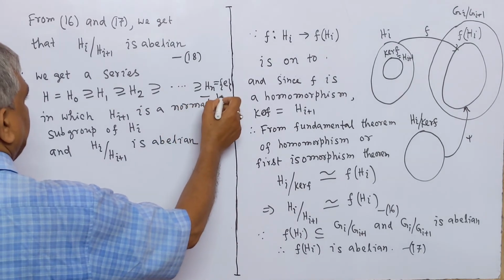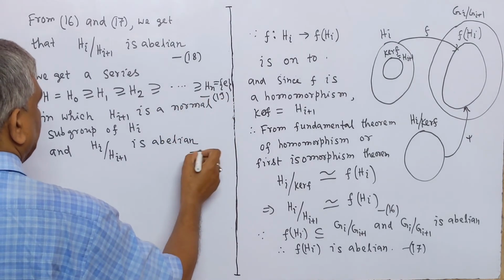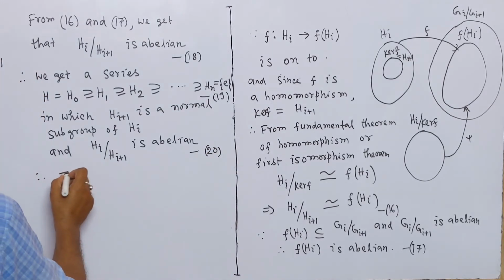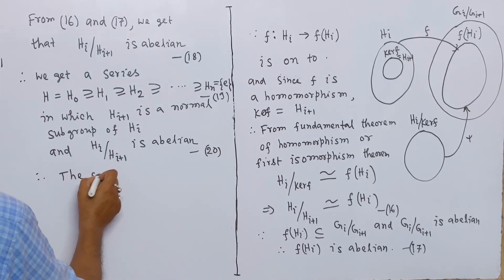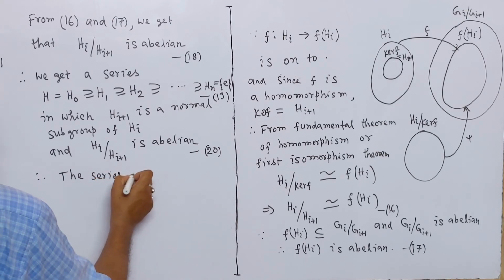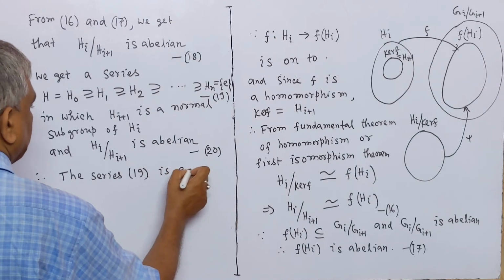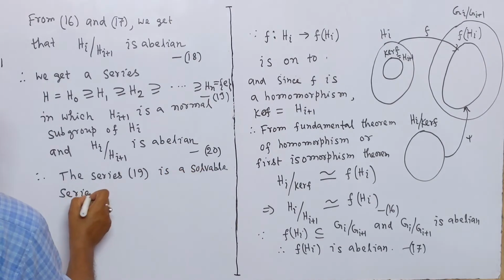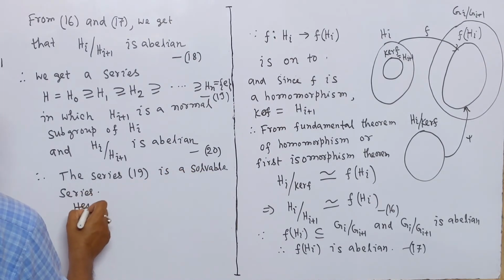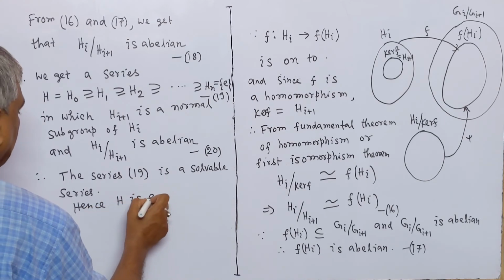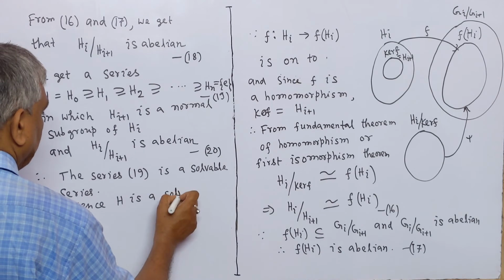This is number 19, this is number 20. Therefore, the series 19 is a solvable series. Hence, H is a solvable group.